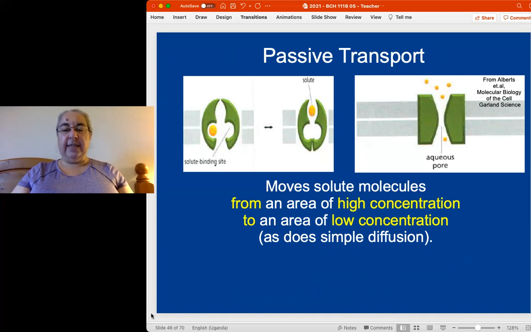It's exactly the same as simple diffusion, just making use of the transporter molecules to solve the problem of hydrophilic molecules getting through the hydrophobic cell membrane.